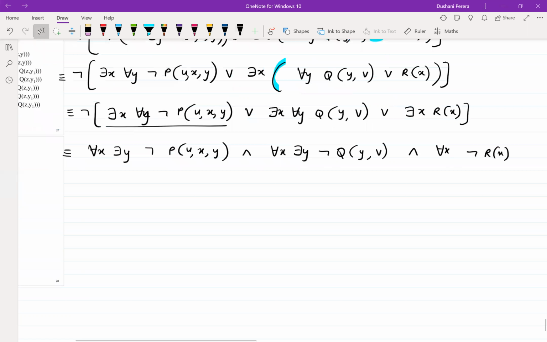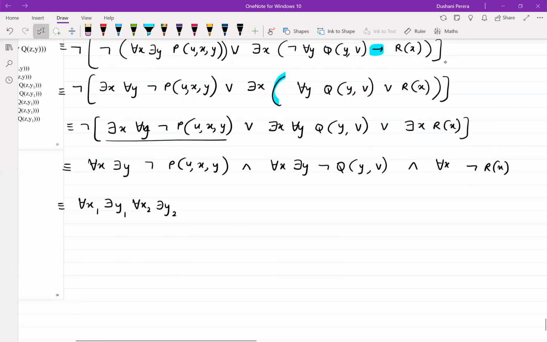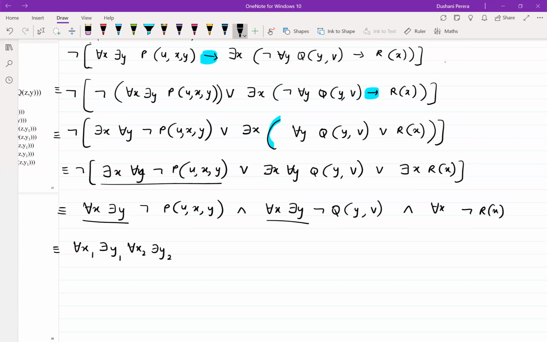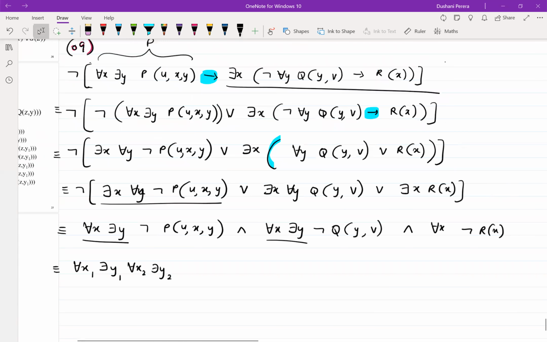Now I have my clauses, so I can get the quantifiers to the prefix and the rest of it afterwards. So I have all x1, some y1, and I have all x again. The first one is about the first clause, and the second is about the second, because they had separate quantifiers.